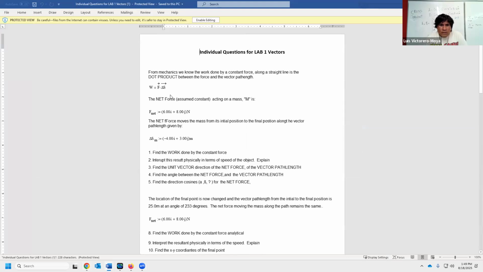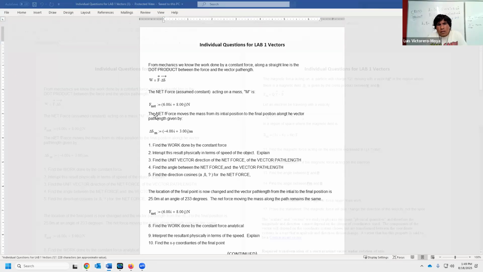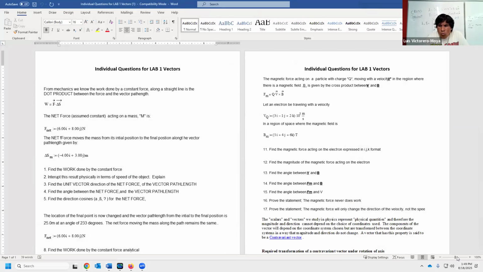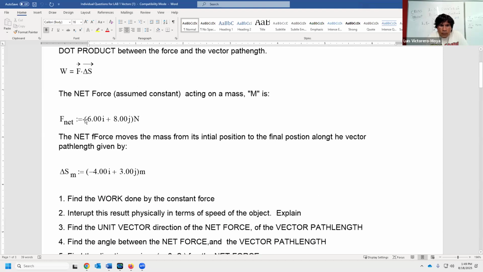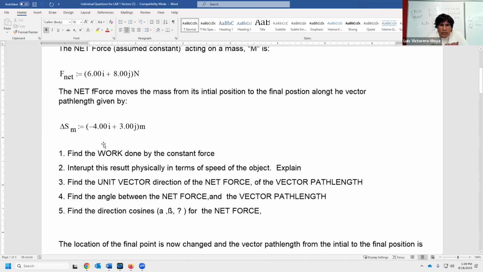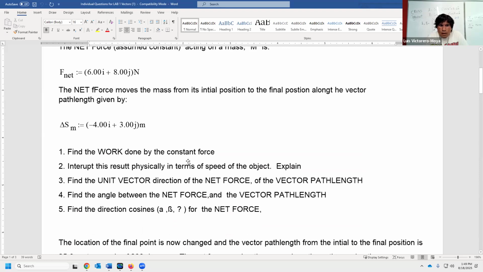For example, here you're gonna apply the dot product, finding the force, like you have defined work in physics 1. If I give you a force and a displacement, you just have to find the work. Okay, this should be interpret the result physically. So I'm gonna change some of this. It's not good there. Find the unit vector.